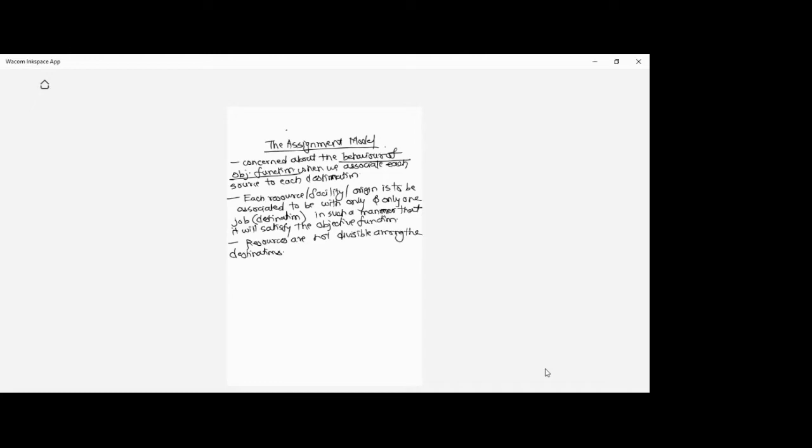So now we can reframe this assignment model into a very sophisticated problem statement.